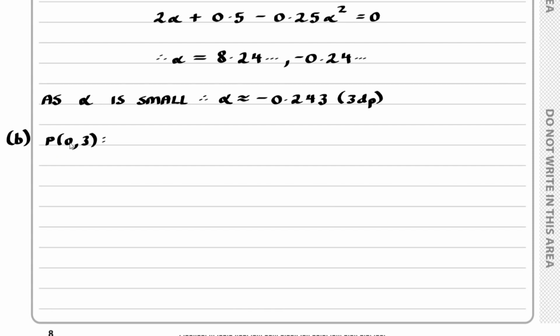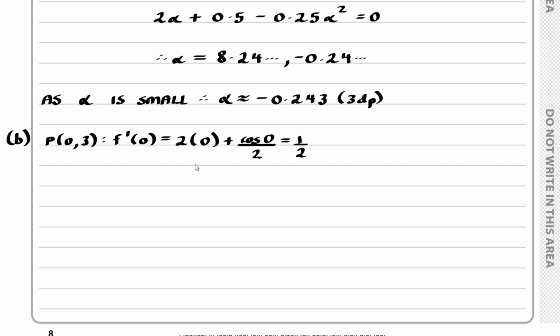With our x coordinate of 0, we can find the gradient of the tangent by substituting in x equals 0 into f dash of x. So f dash of 0, that's equal to 2 multiplied by 0 plus cos of 0 over 2. And because cos of 0 is 1, f dash of 0 then is equal to 1/2.